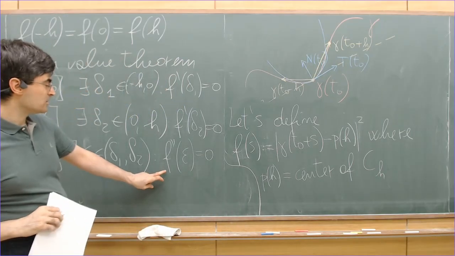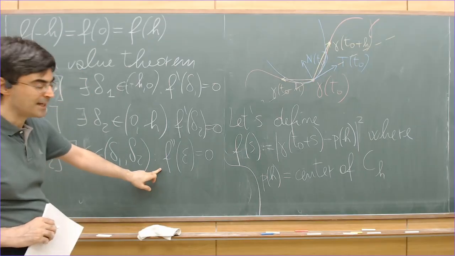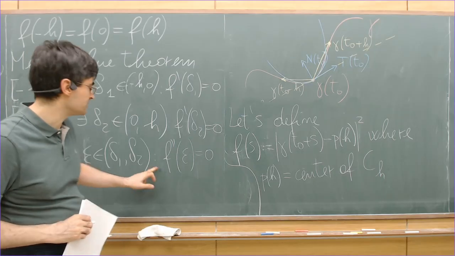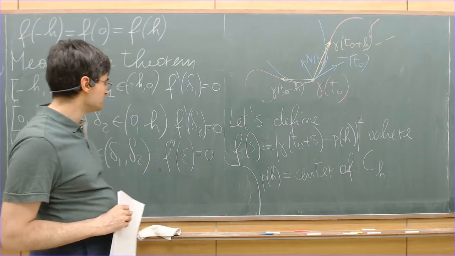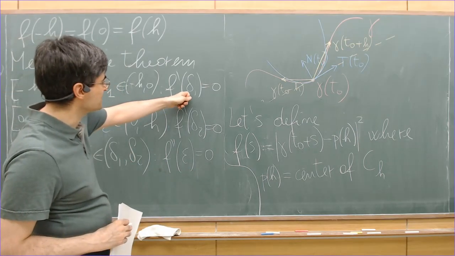Please note that when I apply the mean value theorem for the third time, the function I am using is the derivative of f. But we get once again 0 because of the definition of delta 1 and delta 2.